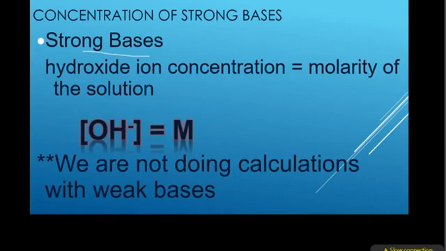That's true for both honors and regular, so you don't need to worry about weak bases at all. We are not doing weak bases. You're going to do both strong and weak acids if you're in honors, but you're only doing strong bases, everybody.